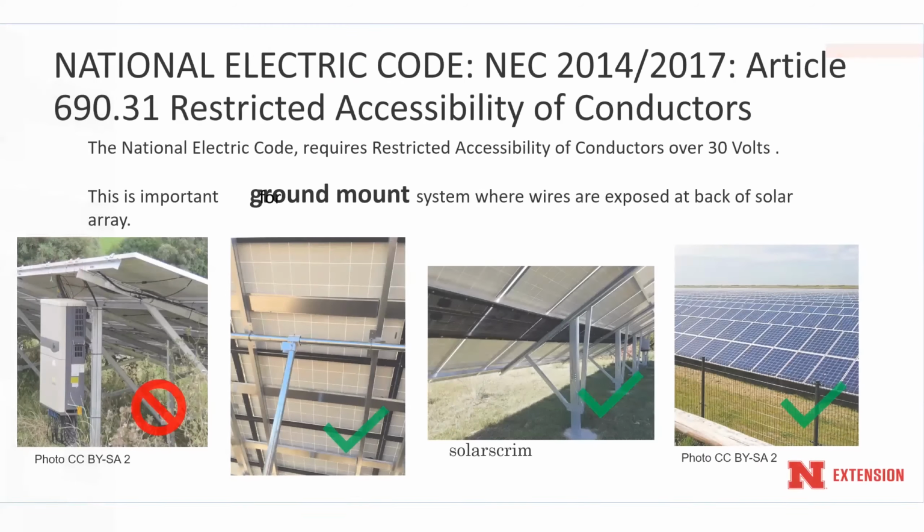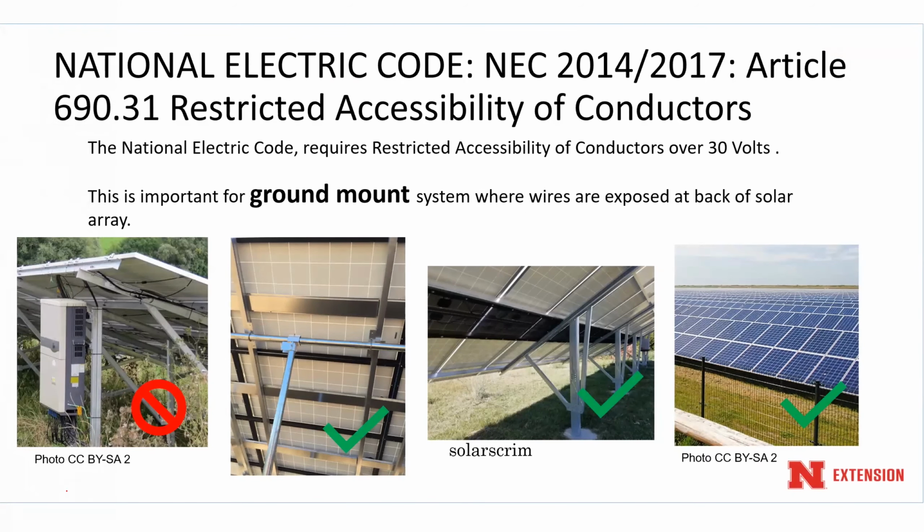All right. Now let's touch on another piece of the electric code that I see followed, unfortunately, rarely. And that is that it requires restricted accessibility of conductors over 30 volts. In this case, I've got a solar array with a string inverter, and then I've just got these wires hanging out underneath, all coiled up.